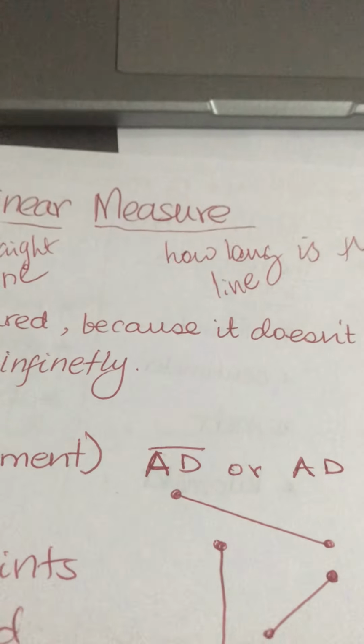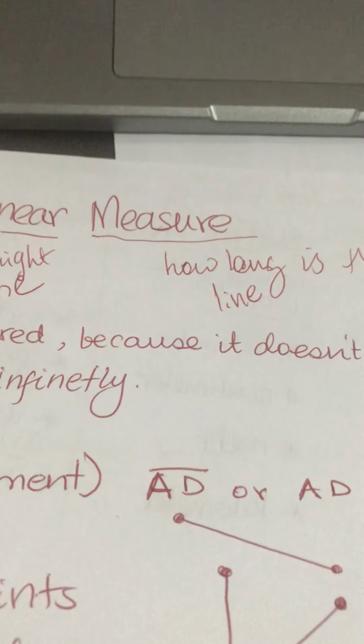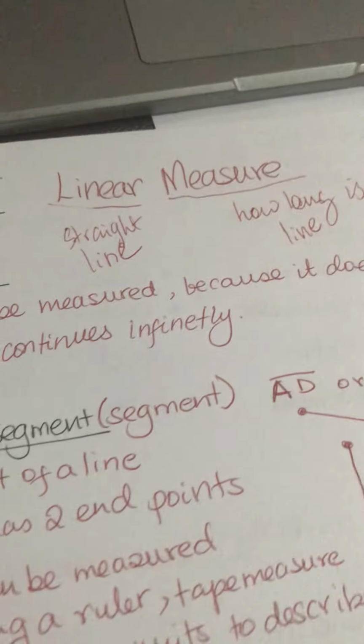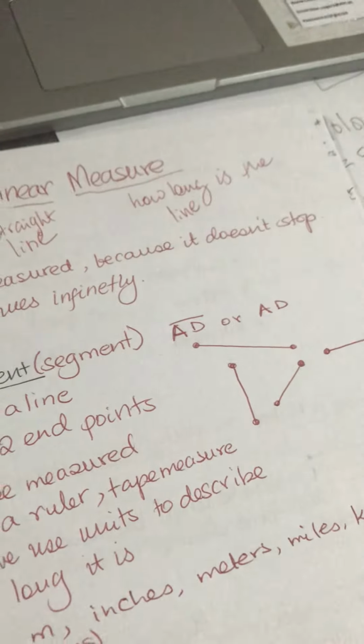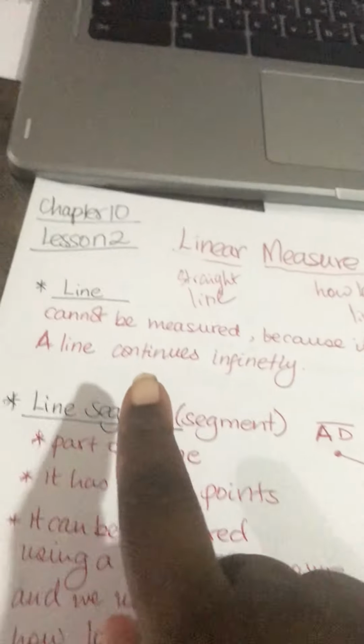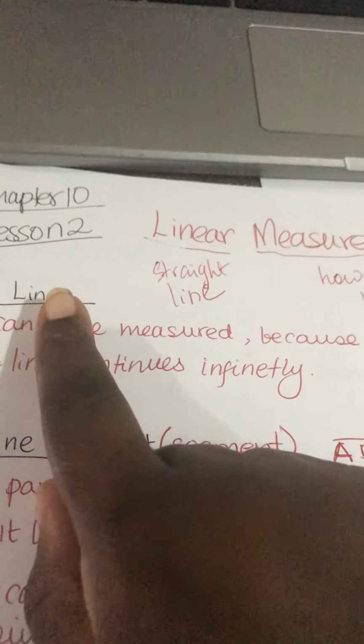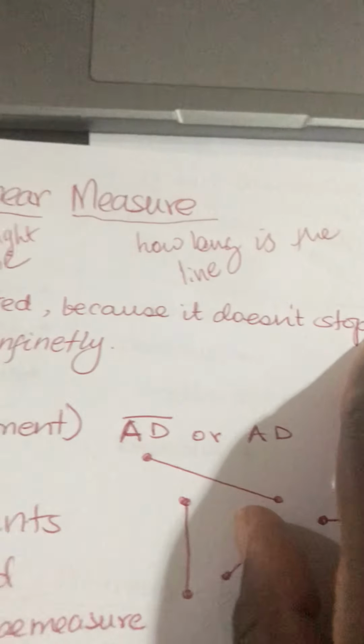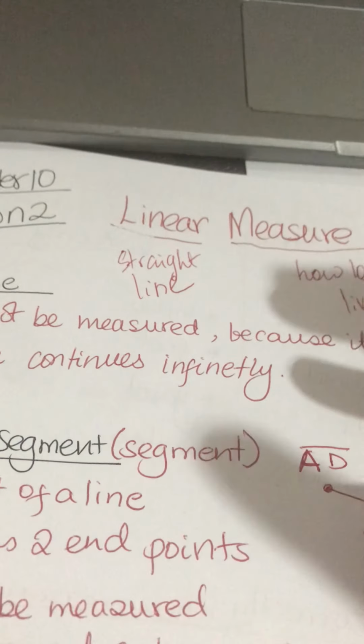And lines, when you measure them, you have to give me a unit. Okay? As we discuss more, you will see what are the different kinds of units we can use when we are measuring lines.